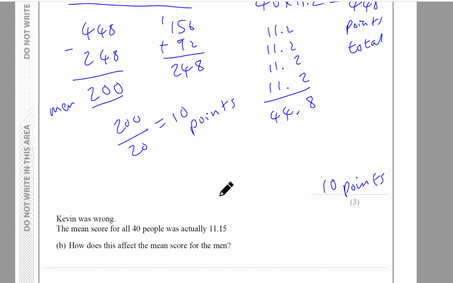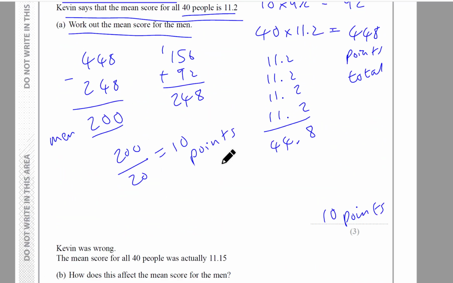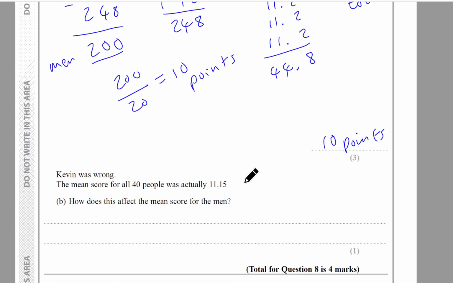So this is a thinking question. The mean score for all 40 people was actually 11.15. And 11.15 is smaller, it's less than 11.2, because that's 11.20, right? So if the total mean is less than what the original mean was, then the men's mean is going to be lower.